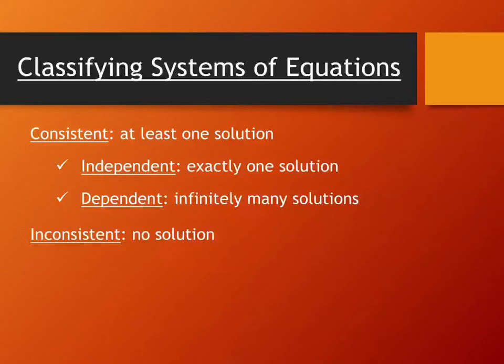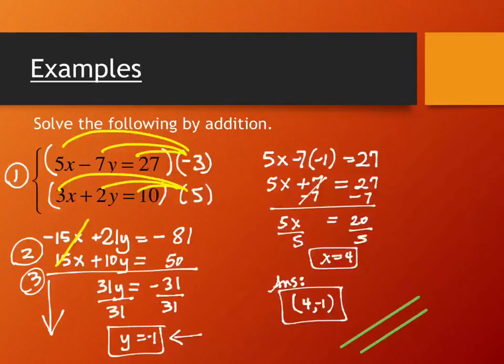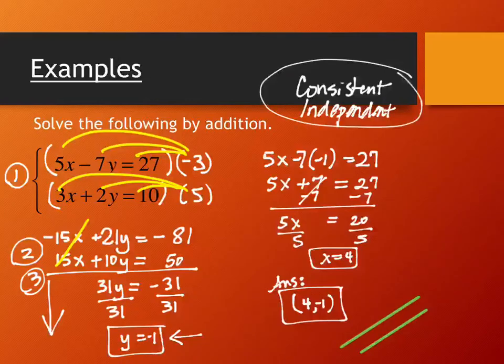The other option is that we have a consistent equation that's really just the same line and there are infinitely many solutions. And then our last possibility: it's either consistent and independent. Okay, that's what this one was over here, and all three of them. These are consistent and independent. Consistent because they have at least one, independent because they have exactly one.